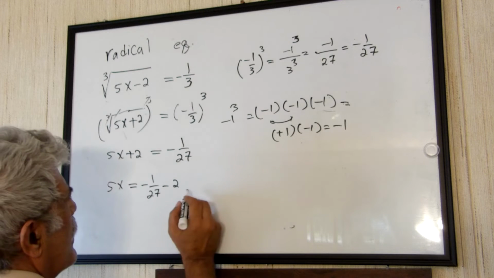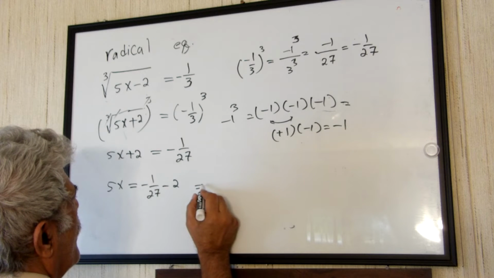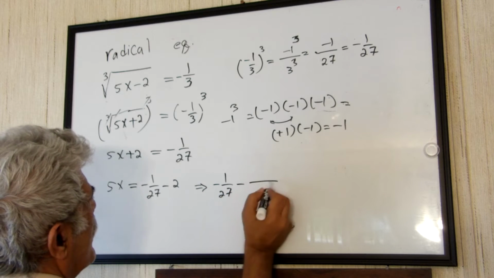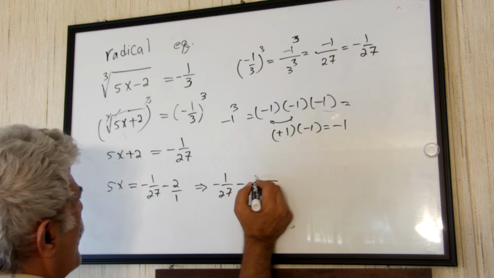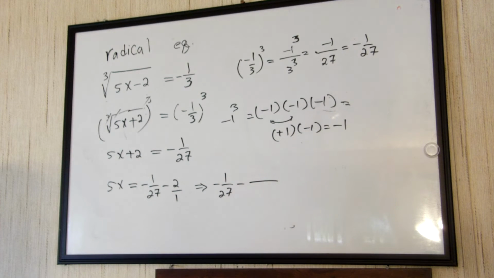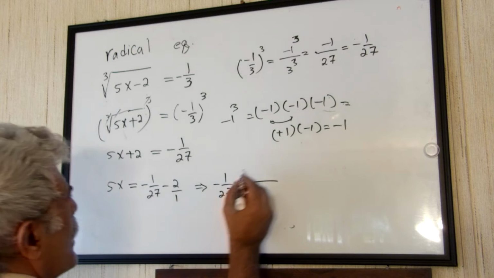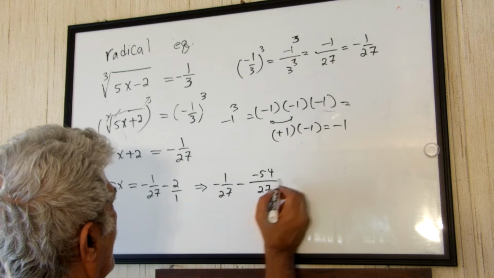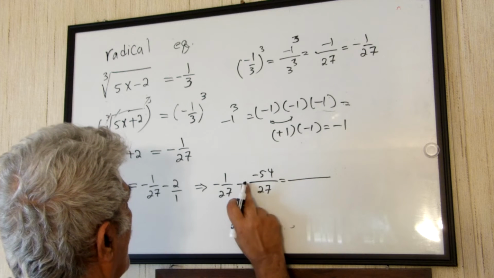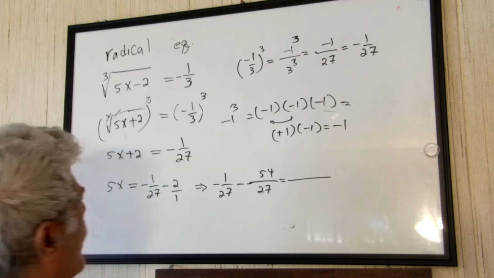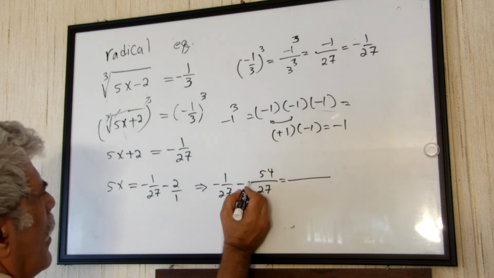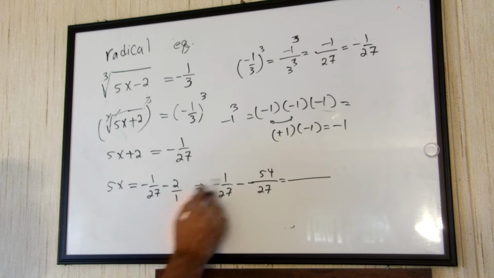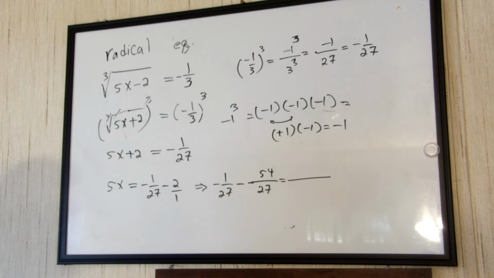So we have to make this one this way. That is minus 1 over 27 minus what? We multiply both top and bottom by 27. So 2 becomes 54, and minus 2 is going to be minus 54 over 27.